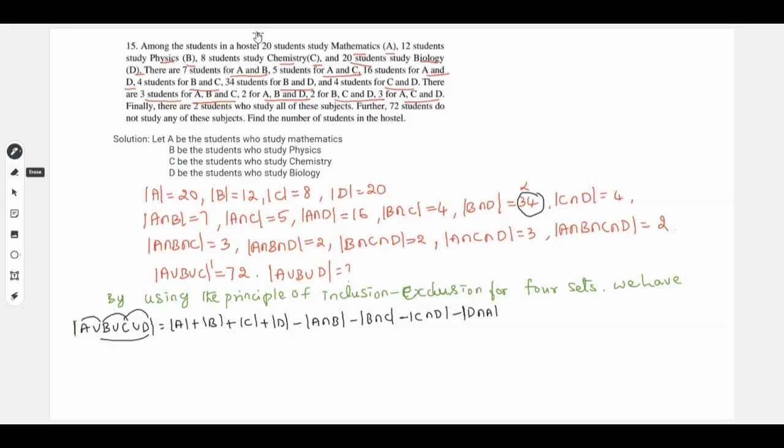Then you'll take three elements. Three elements will be plus.